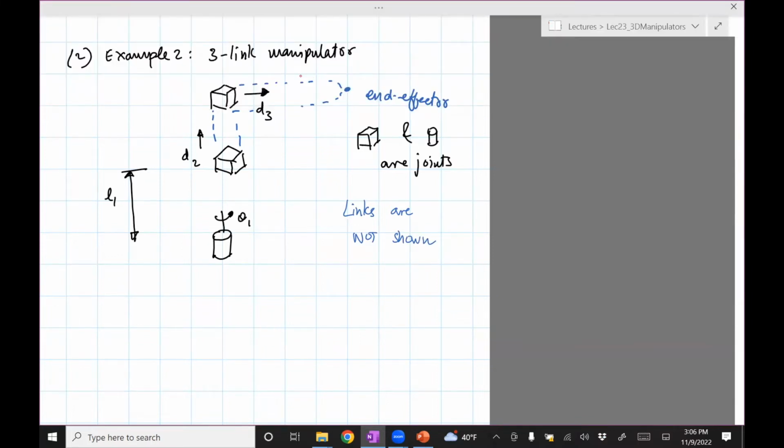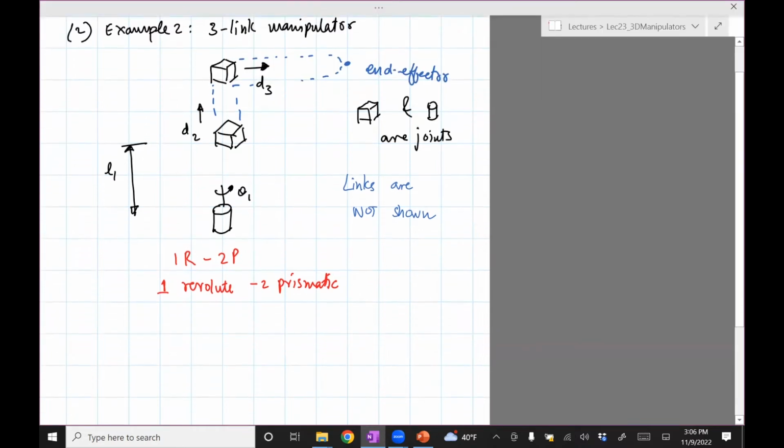Now this particular manipulator has one revolute joint and two prismatic joints, and you'll see a terminology like this, 1R, 2P, meaning one revolute, two prismatic. You can use that logic to think of other manipulators.